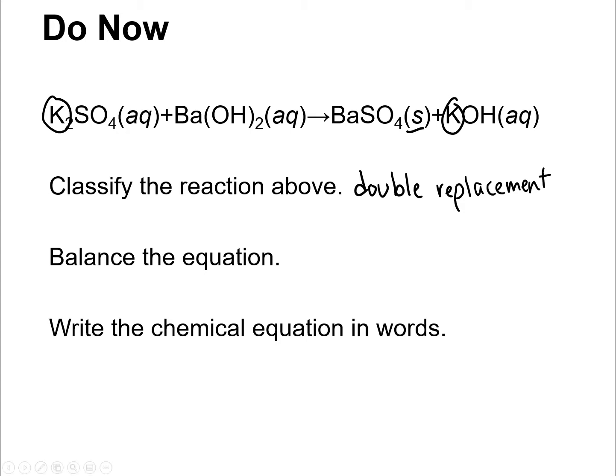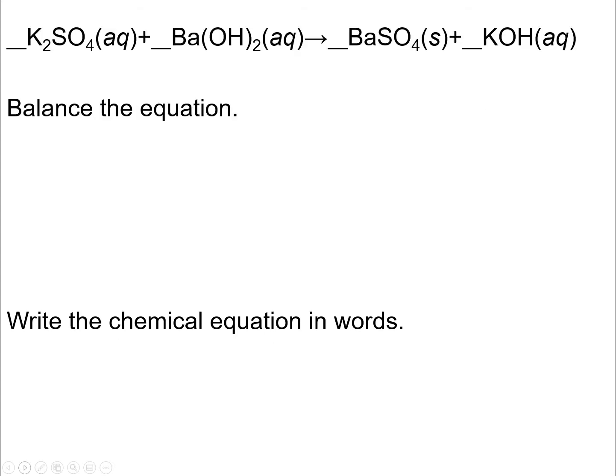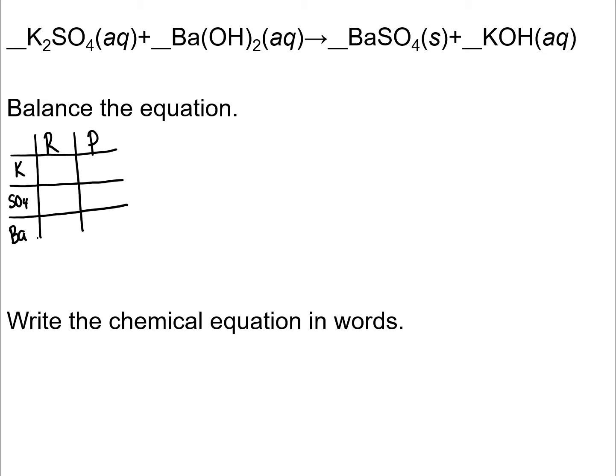Now, I'm not going to ask you to put in your answers yet for balancing the equation. I'm going to show how that works as a refresher, and then you can let me know how you did. We always start by looking at each of the elements or ions, just to take a lay of the land.